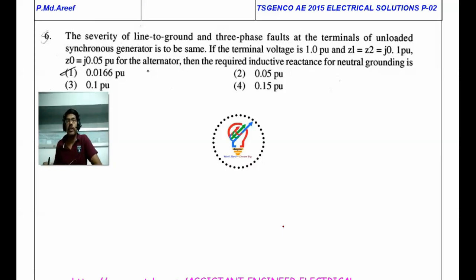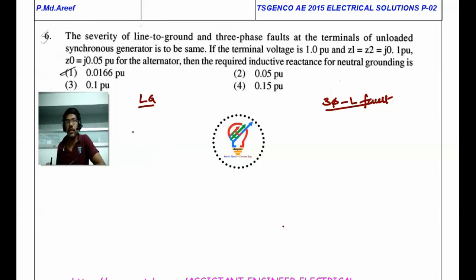Here in the given question they are saying that the LG fault and three-phase fault at the terminals of an unloaded synchronous generator are to be the same. One is an asymmetric fault, another one is a symmetric fault.